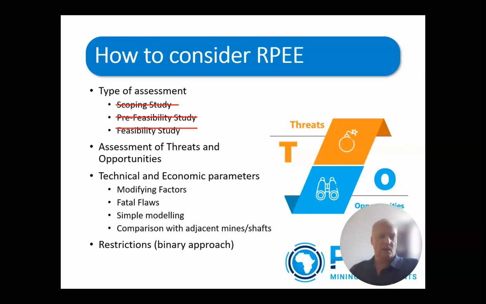Fatal flaws. What I often look for are fatal flaws. Let me give you an example. Quite a while back, I was asked to look at a deposit that was in the Sahara Desert. And the commentary that I got is that we can go there, it's about 100 kilometers off one of the major roads.